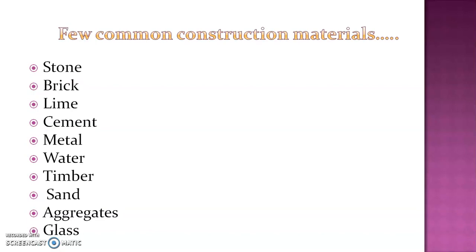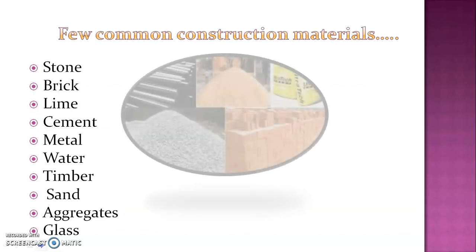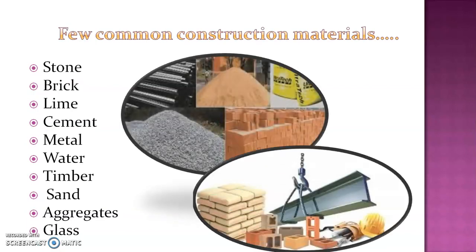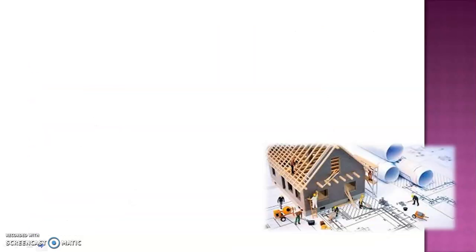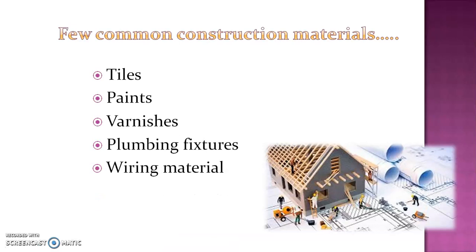We will try to understand a few common construction materials. These materials include stone, bricks, lime, cement, metal, water, timber, sand, aggregates, glass, different types of tiles, paints, varnishes, plumbing fixtures and wiring material.